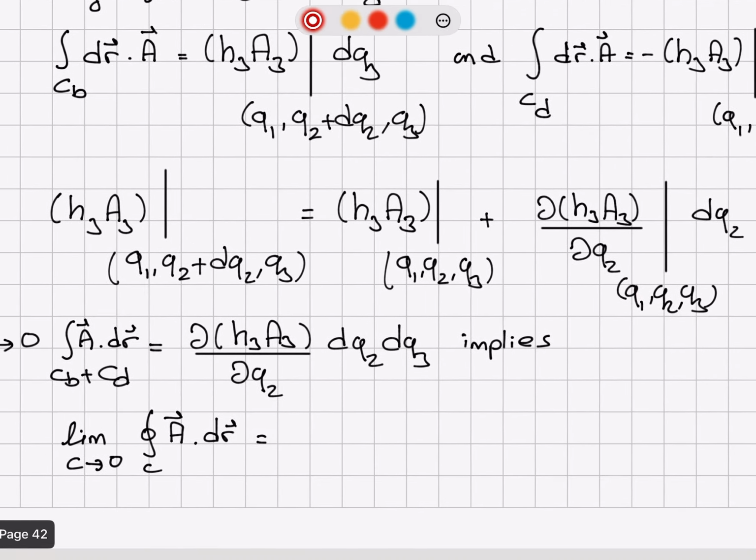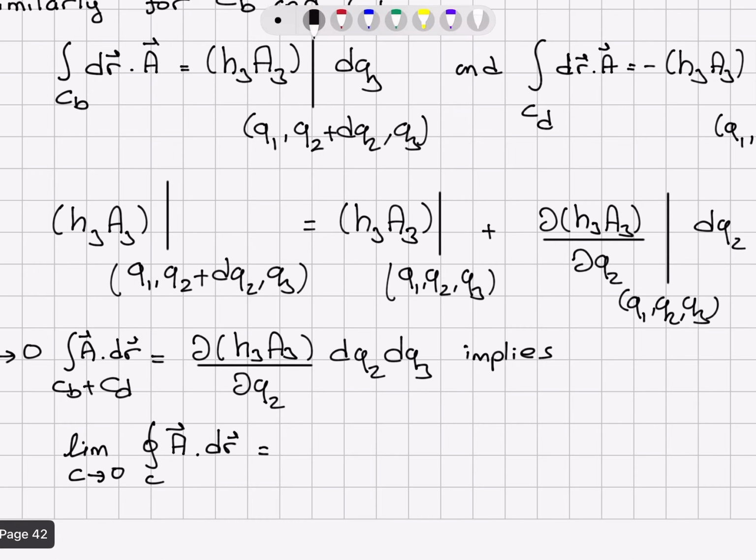So this implies for the total limit as C goes to 0, closed path integral A dot dr, I have two terms from segments AC and BD. So one of the terms is del H3A3 del Q2.